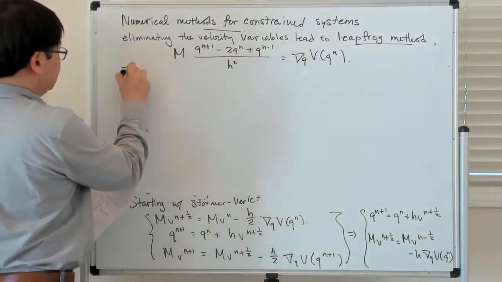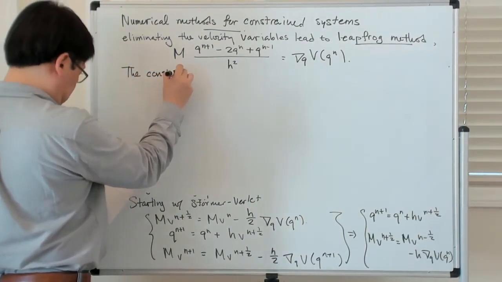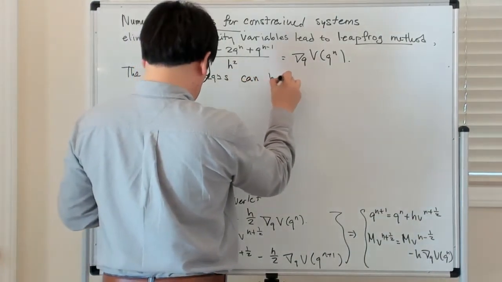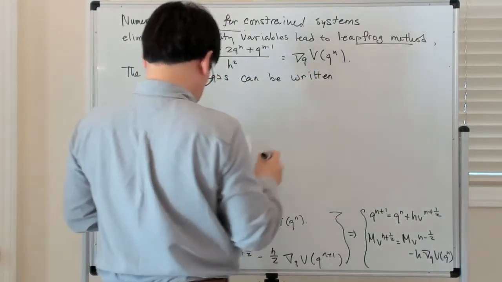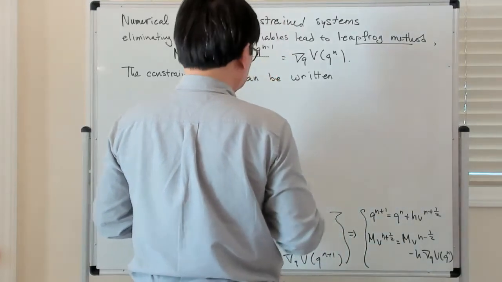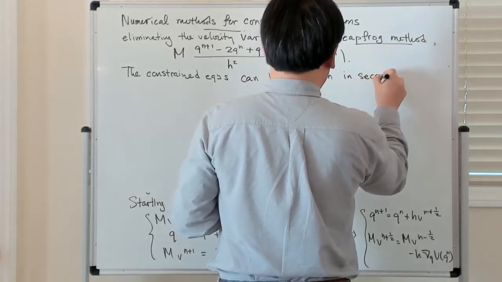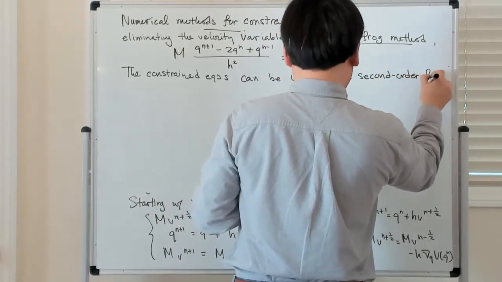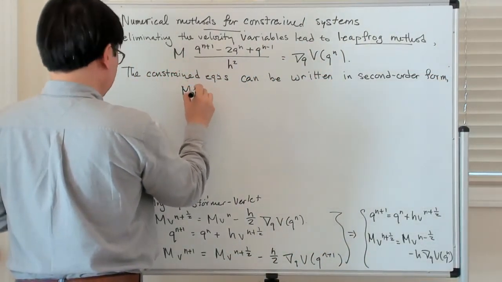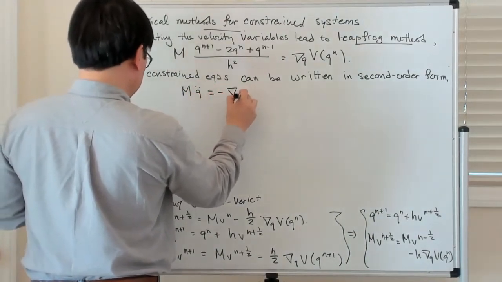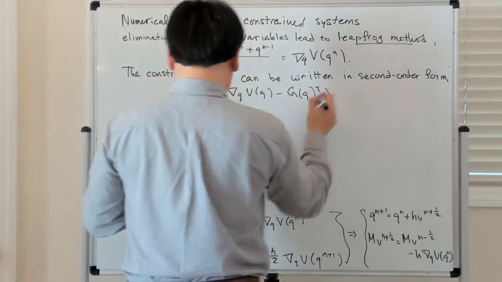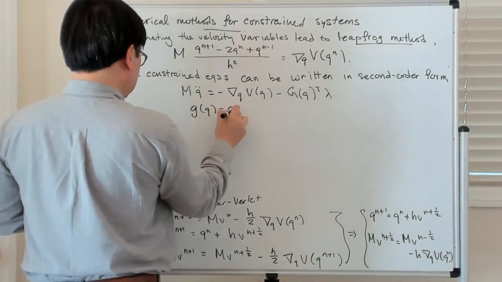Now the constraint equations can be written in second order form: m q double dot is equal to minus the gradient of the potential minus g_q transpose times lambda, and then g of q equals 0.